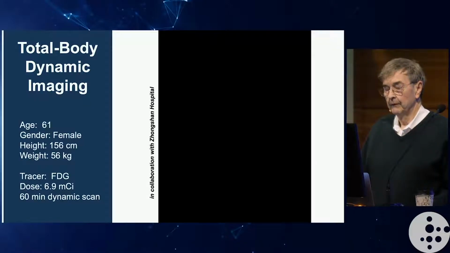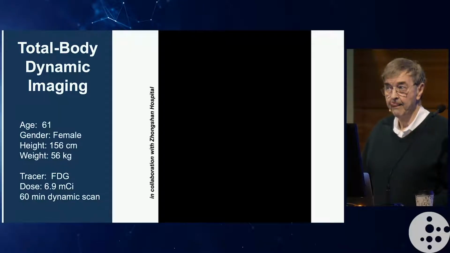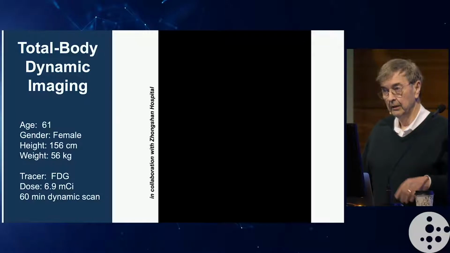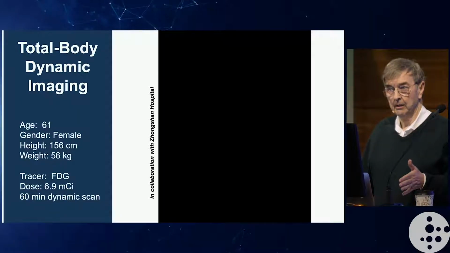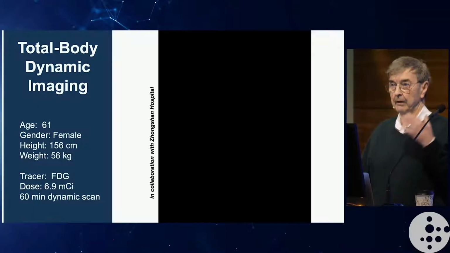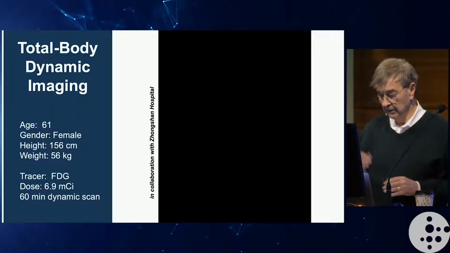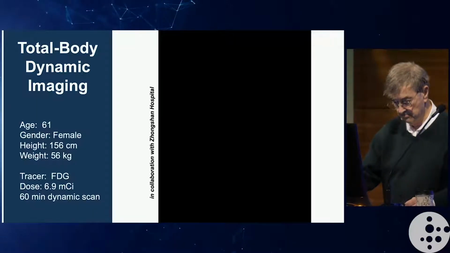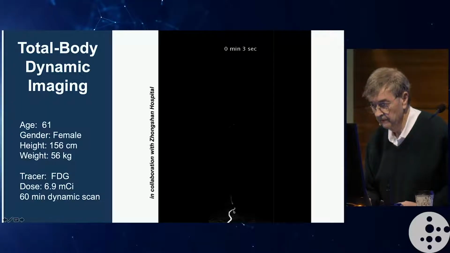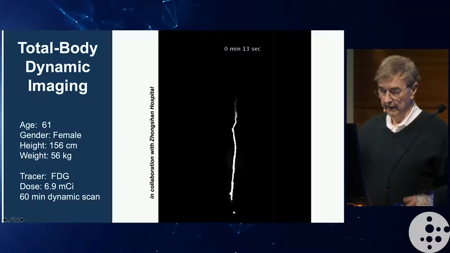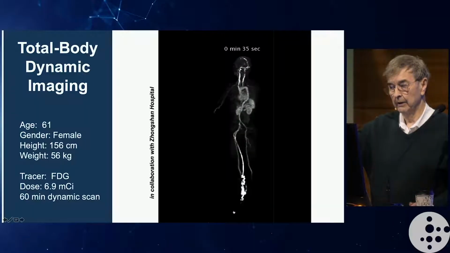Now, to the right, I'm going to show you a whole body kinetic study. You're going to inject FDG in a foot vein, and you're going to watch that probe distribute throughout the body. That's going to move very quickly, and you'll see the times at the top. So it's coming up through the vein, into the lungs, in the heart, into the lungs, back in the heart, moving throughout the body.